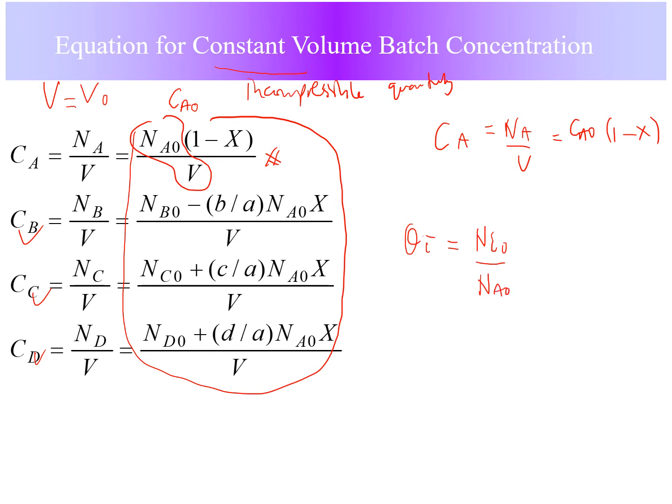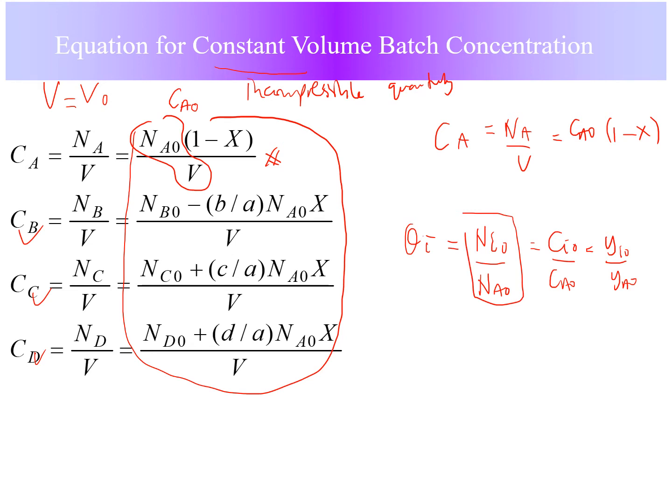This theta is unitless, so it not only can be in terms of the number of moles, it also can be in terms of concentration, or in terms of the fraction composition, yi naught over ya naught. So for this part we focus on the number of moles.